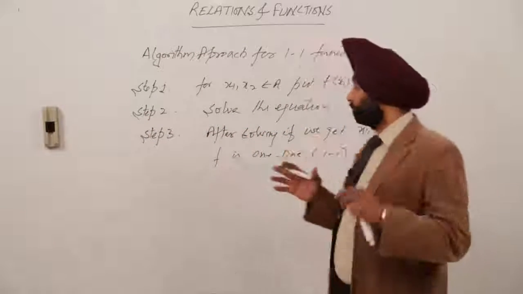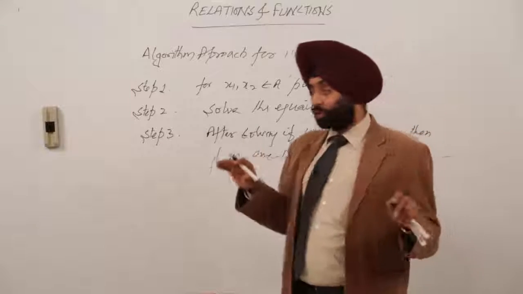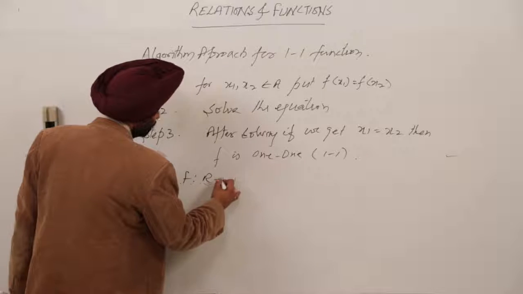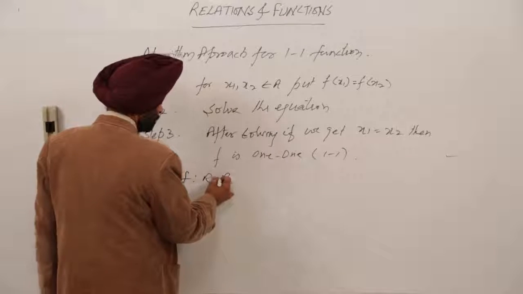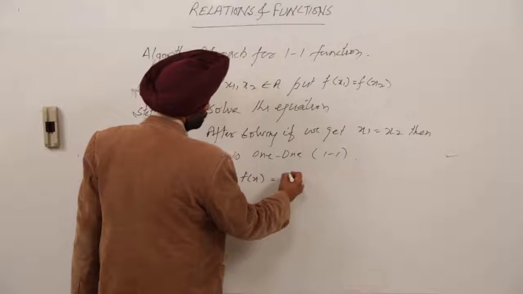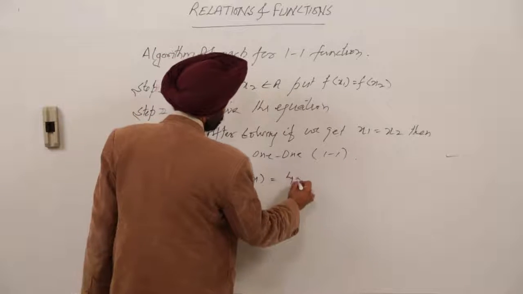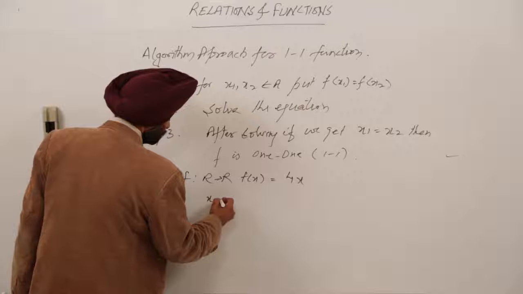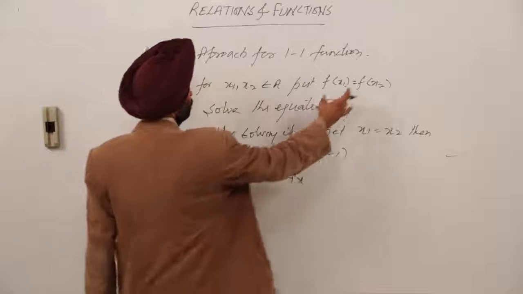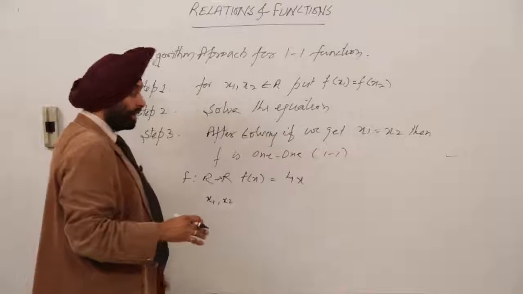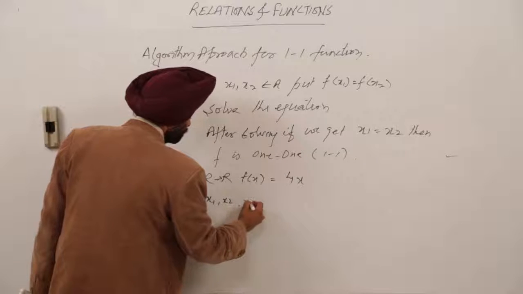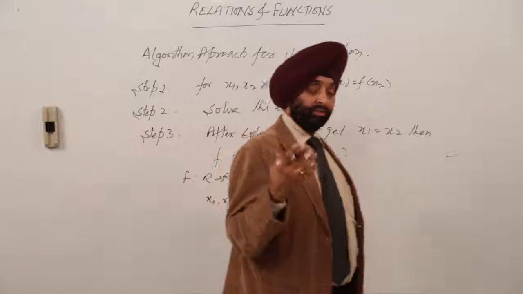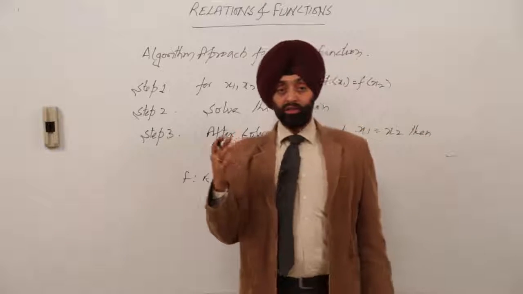Now how can we solve it? First of all, let me tell you what x1 and x2 are. For example, we are having a function defined from a set of real numbers. Suppose f(x) is equal to, let it be 4x. Now you are taking x1 and x2, both belonging to a set, let it be A, and one more thing, basically x1 should not be equal to x2. It can be x1 equal to x2 also, because then we will get the same results, and that was an equal function.